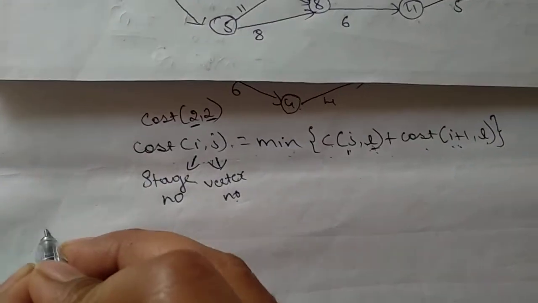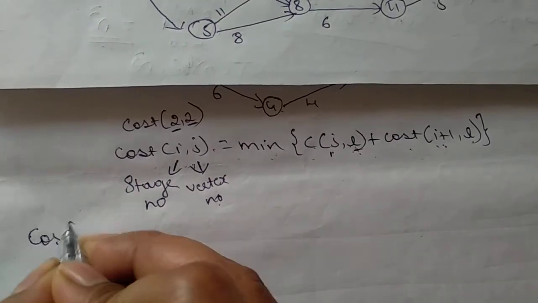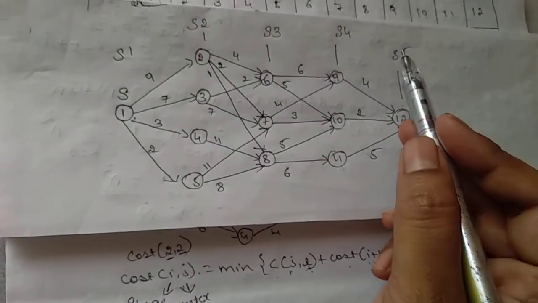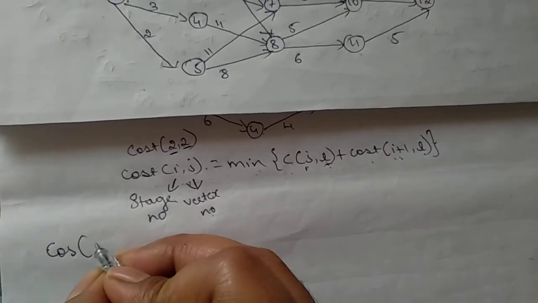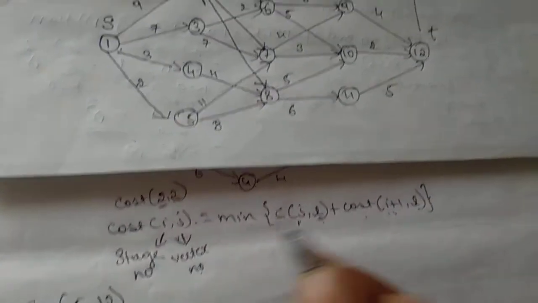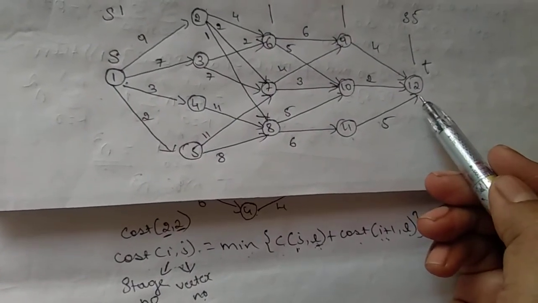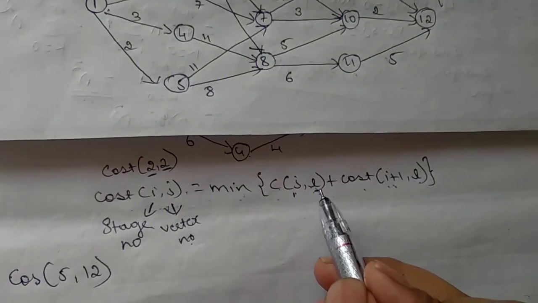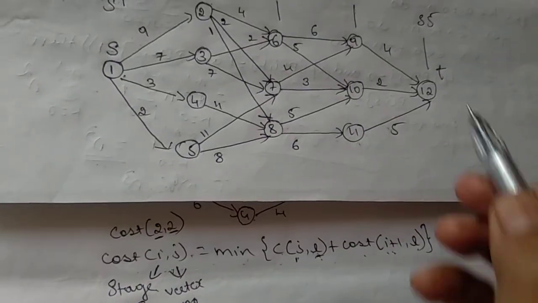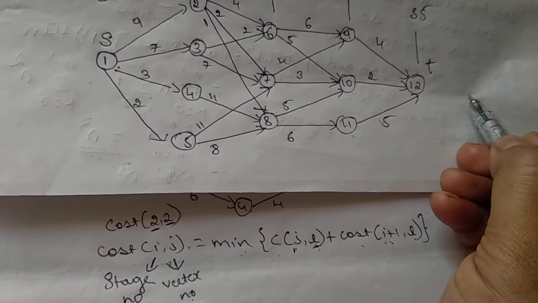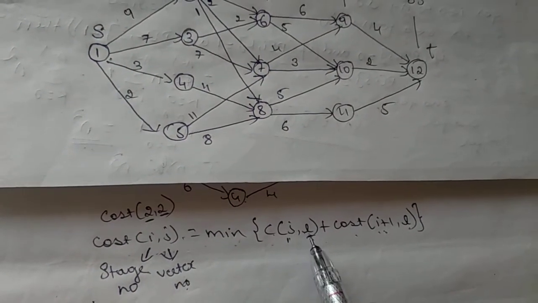Here in this cost of i, j, what do you get? Cost of i means stage. In which stage is it? The 5th stage. What is the vertex? It is 12. If I want to take l, then it should have a next vertex. There is no next vertex here, so I cannot take anything.